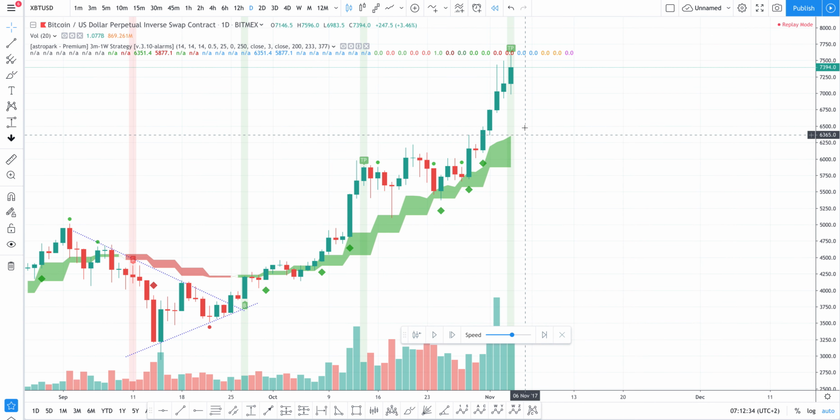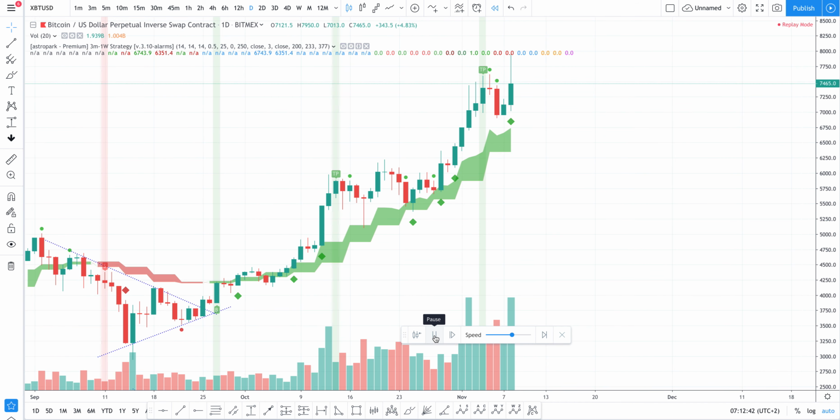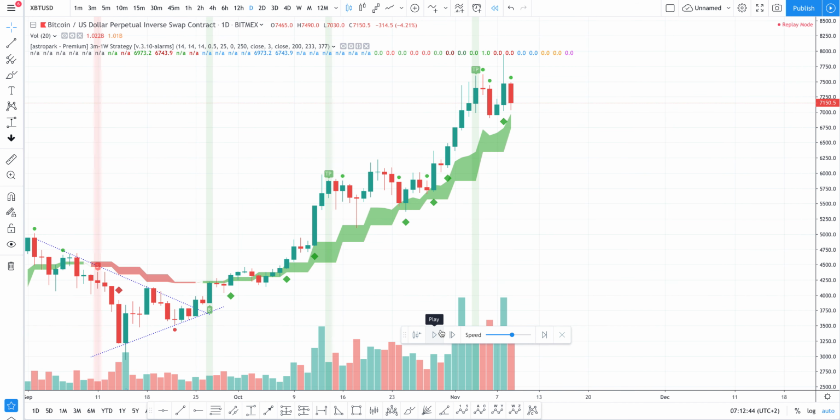Okay, I will close here another 1/3 of my position in order to buy back. So here we didn't have a full retrace to the trend cloud, but then it's your call, what would you do?